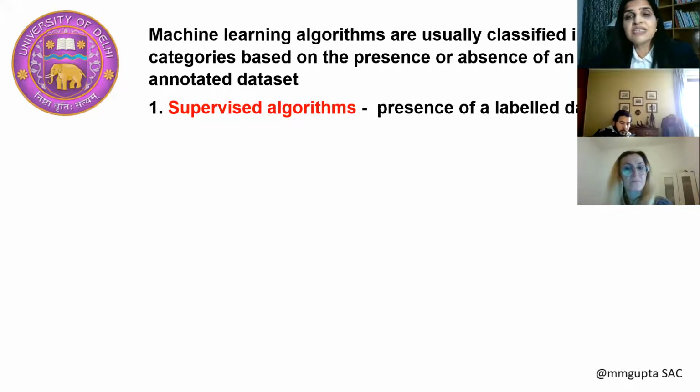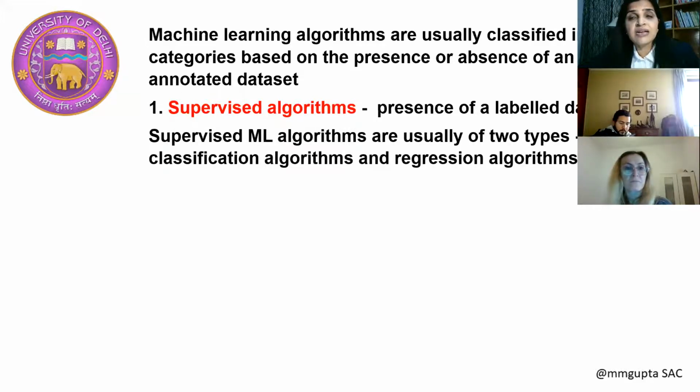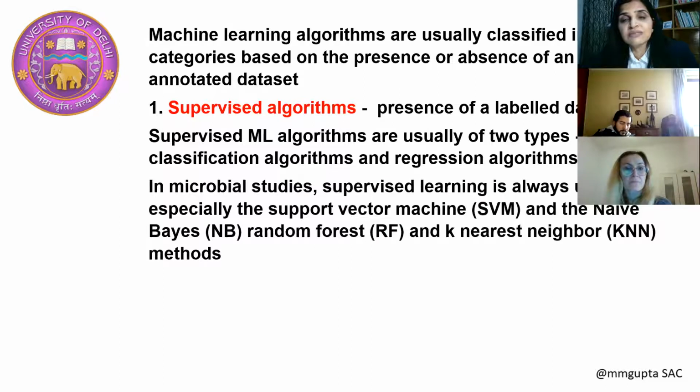One is supervised algorithm, that is, we have labeled data present, we have available. And this is the supervised algorithm, which are mostly used in microbial studies. Like I said, for my AM spores, I needed to have previously identified spores to give a input for training. So supervised algorithms are usually of two types, classification or regression algorithms.